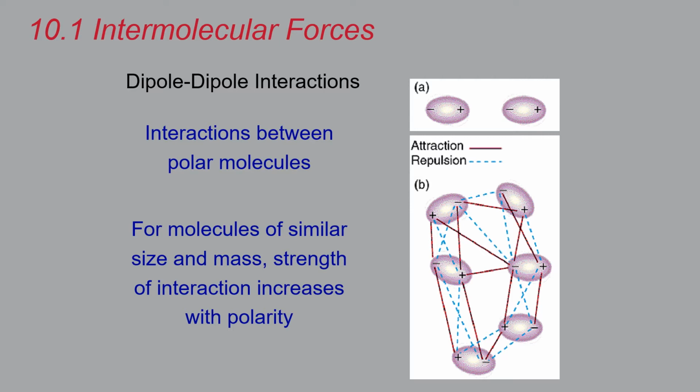Now, for molecules of similar size and mass, the strength of these interactions increases with polarity. So that means that basically the more polar the molecule is, the more polar the bonds are, the stronger this interaction is going to be. So the more polar molecules will have stronger intermolecular forces, higher boiling point. So hopefully that made a little bit of sense.